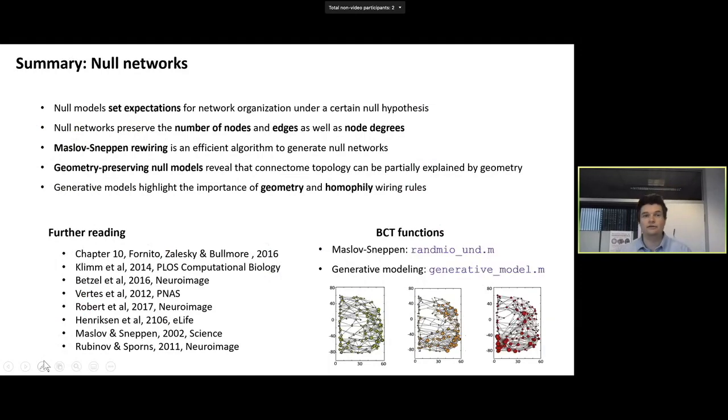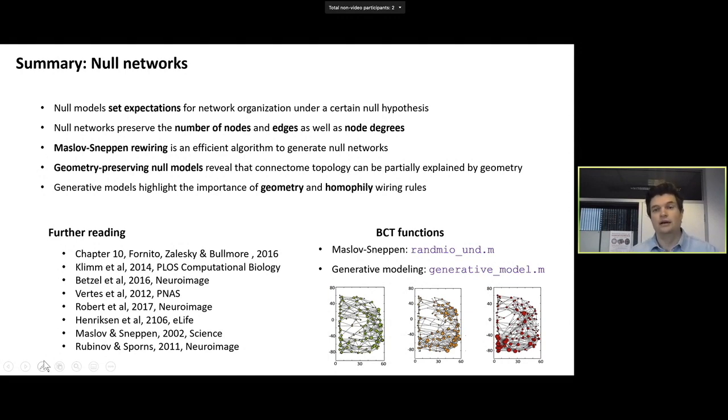So in summary, I've shown that null models can set expectations for network organization under certain null hypotheses. The most common null network involves preservation of the number of nodes, the number of edges, and node degree. And this can be efficiently realized with the Maslov-Sneppen rewiring algorithm. In recent times, there's been interest in preserving not only the edges, nodes, and the node degree, but also the geometry of the connectome.